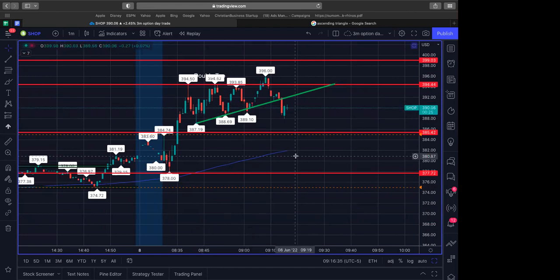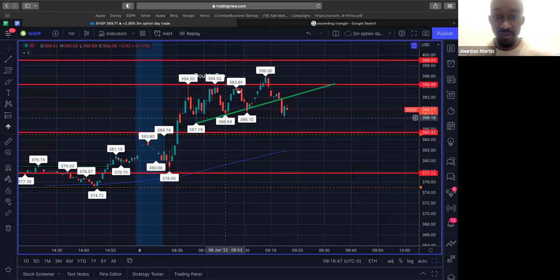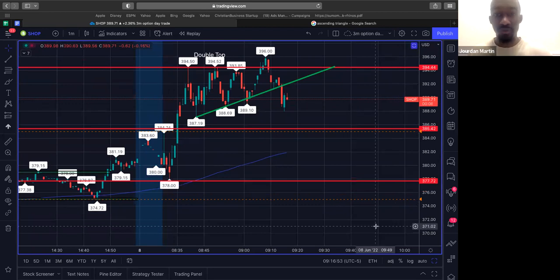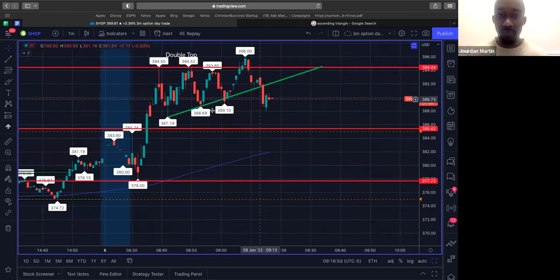And then 25 is where you came in. Once it came back down, which obviously is what we're expecting, it's forming this channel. We see this bounce, bounce, bounce, bounce, bounce. So once it came back down here, that's why I said I was looking at getting the 395 calls on Shopify, with the price stopping right here.